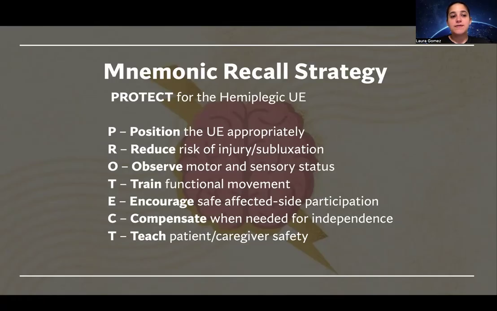So instead of neglecting the affected side, we're going to use that side to help complete some of the ADLs and involve it in completing all the activities, so we can retrain and increase the participation of that affected extremity, so it doesn't get neglected and we get the patient right back to where they started.